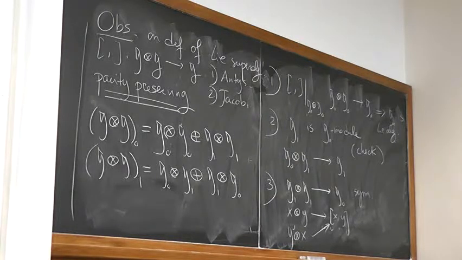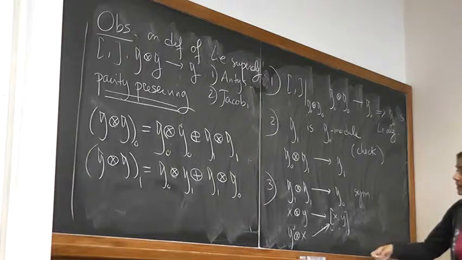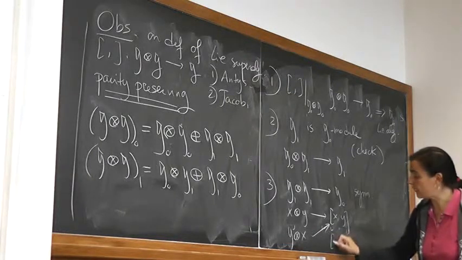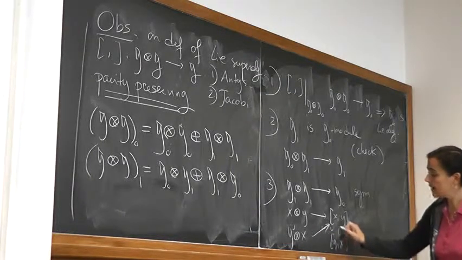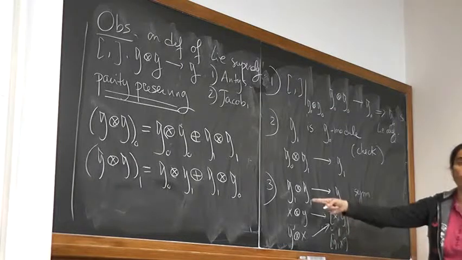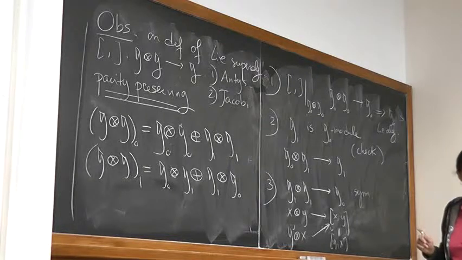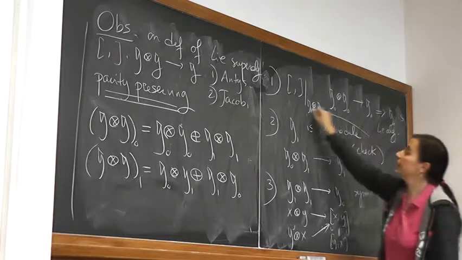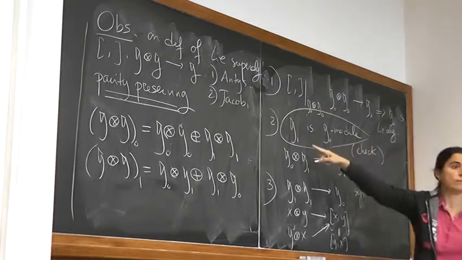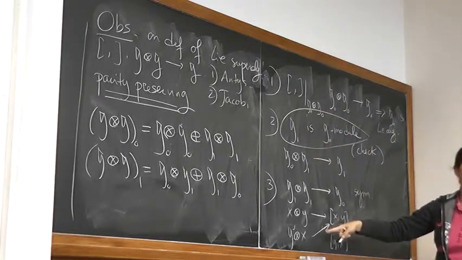I'm just reasoning on the properties of the bracket. The bracket of yx of odd elements is symmetric. It's the definition.